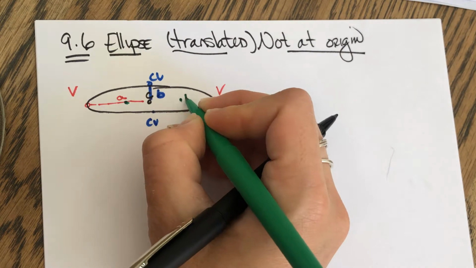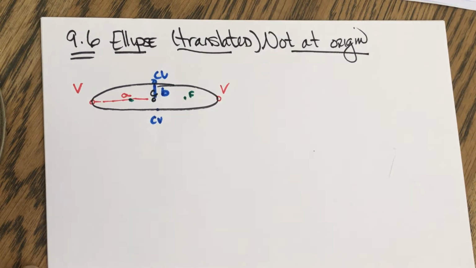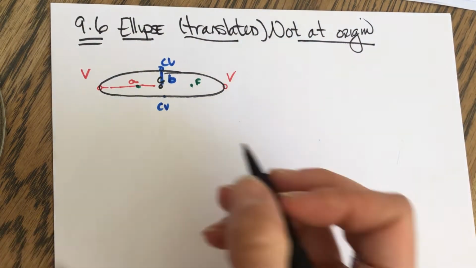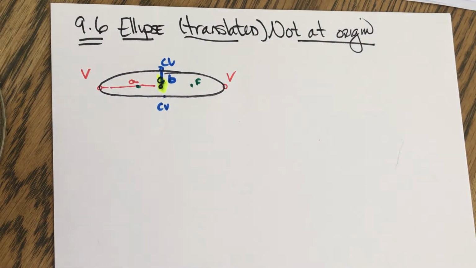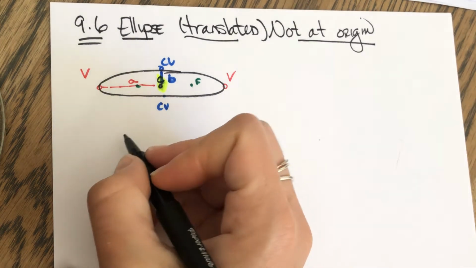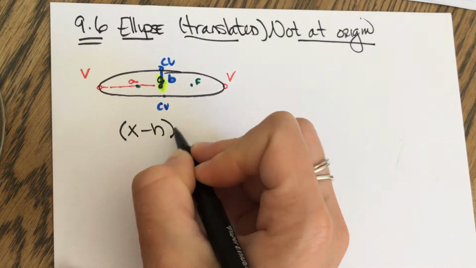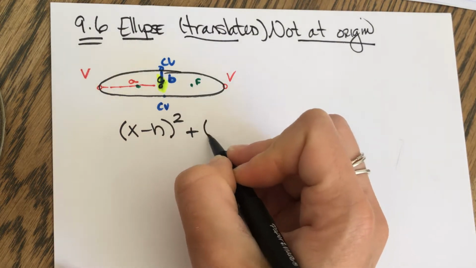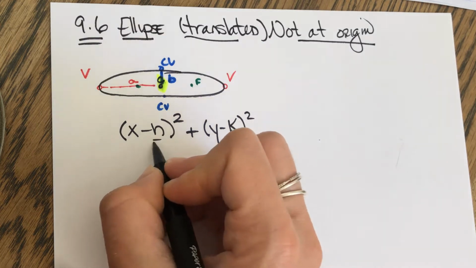here are your foci. Okay, if your equation, just like we talked about yesterday with your ellipse, it's always going to be an x squared to start it. However, because we're shifting, it's now, here we go again, x minus h squared, so now it's going to look like this. Y minus k squared is just, now you have this.